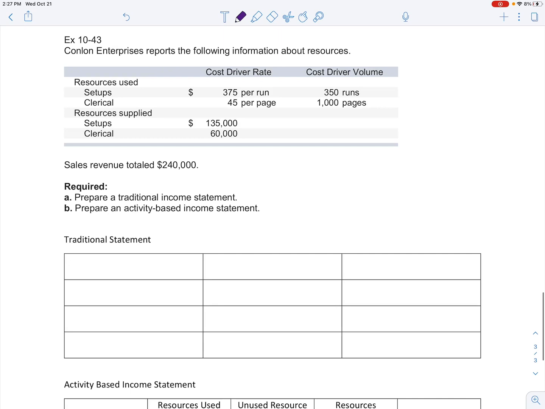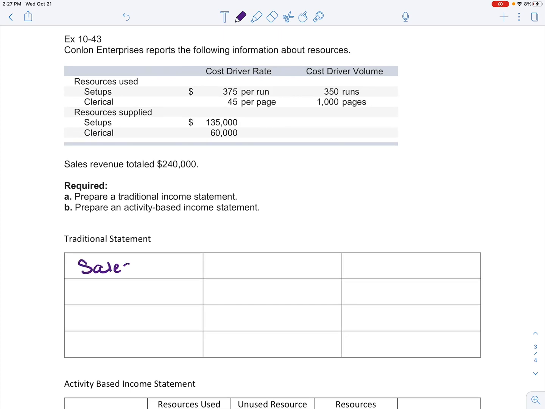So we're just going to take our sales. We're going to list out our costs. We have setup cost. We have clerical cost. We would subtract those to get us our operating profit. So our sales are given.